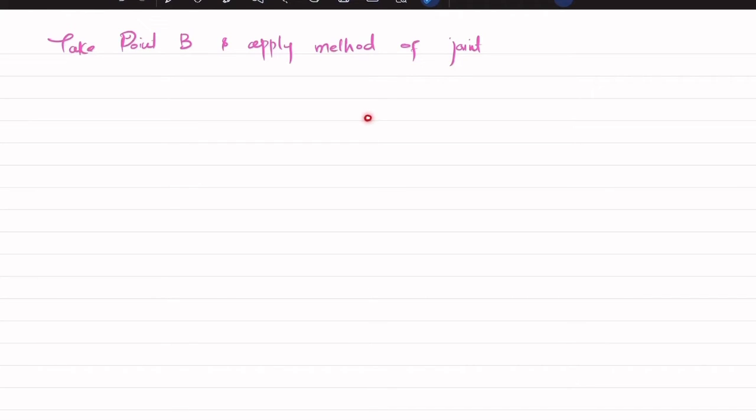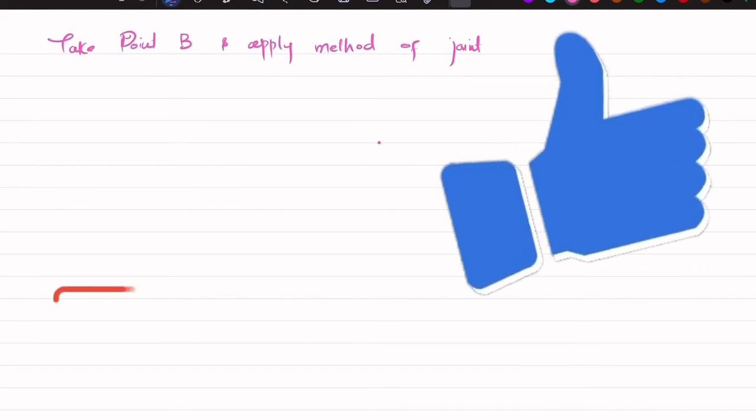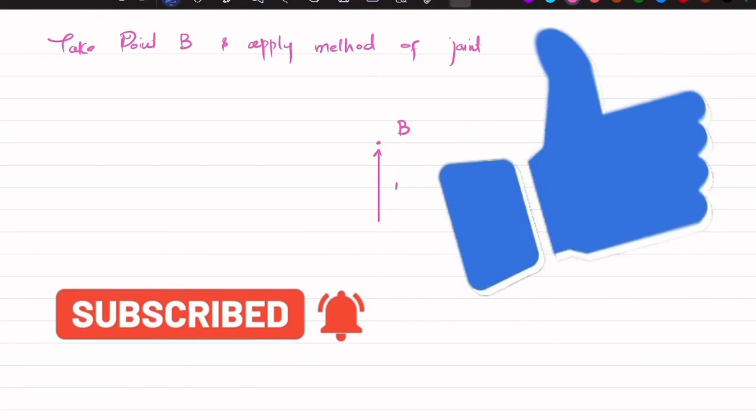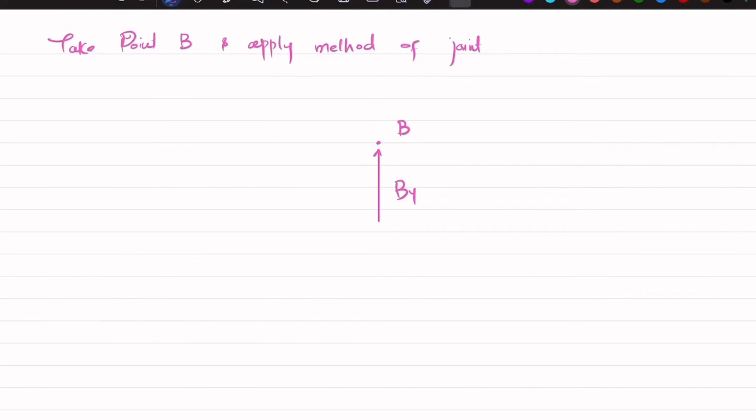So this is your point B. Here you have the reaction load which is By. Horizontally there is FAB which is in this direction, and the load due to FBC is like this, and this makes an angle theta. This is FBC. So we will find FAB by using the equation of equilibrium, that is the sum of all forces along x direction must be equal to 0 and force in this direction is taken as positive.